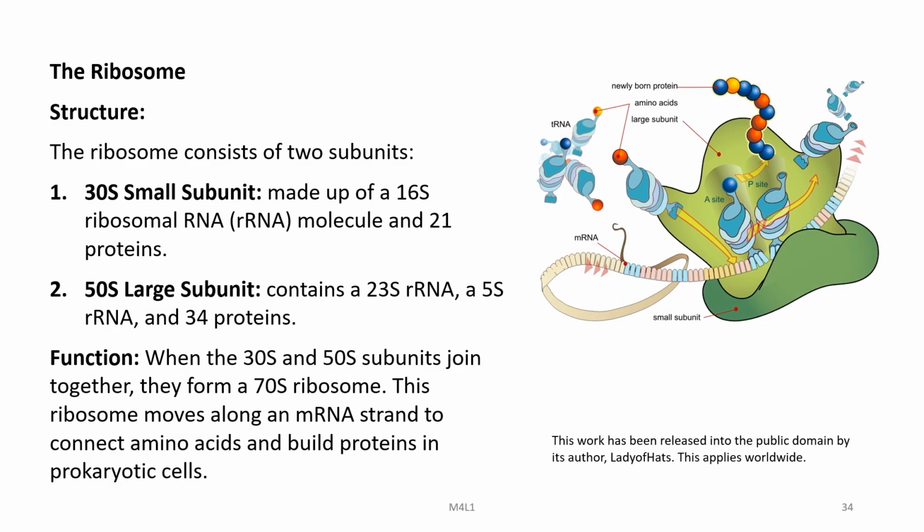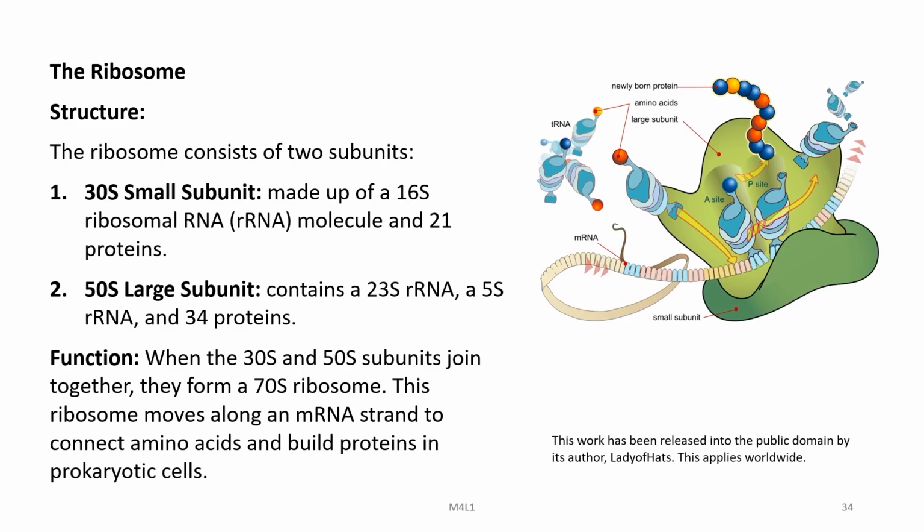So, once again let us look into the structure of the ribosome, which has two subunits in prokaryotes. The 30S small subunit is made up of around 16S ribosomal RNA and 21 proteins. Then the 50S large subunit contains 23S rRNA, a 5S rRNA and 34 proteins, and their function is to help in protein synthesis.